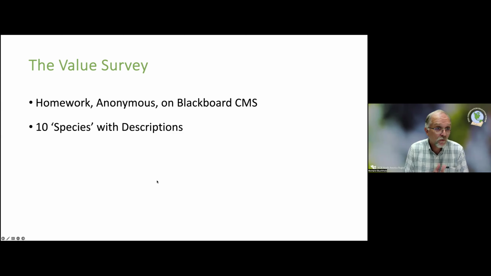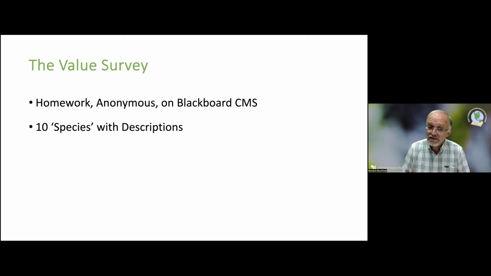All right, so what does the survey contain? I've written, in most cases modified from descriptions I found elsewhere, descriptions of 10 species, and I put species in quotes because these are not actually all examples of species. And these descriptions are just textual, so there is no photograph.